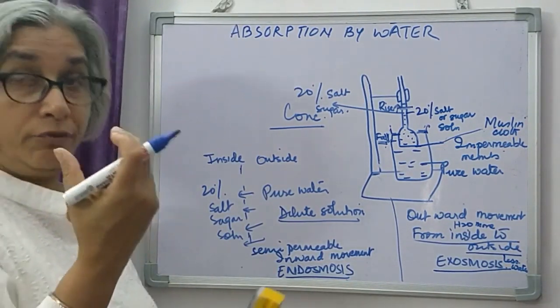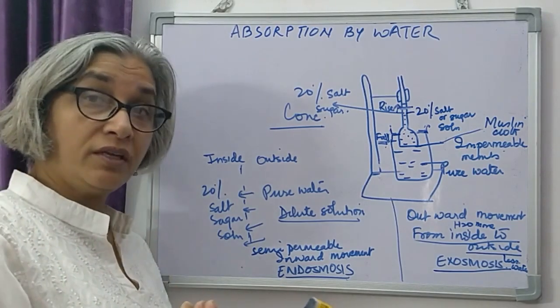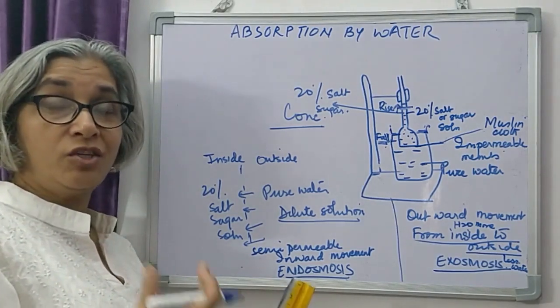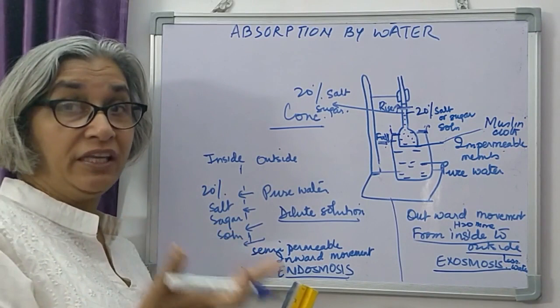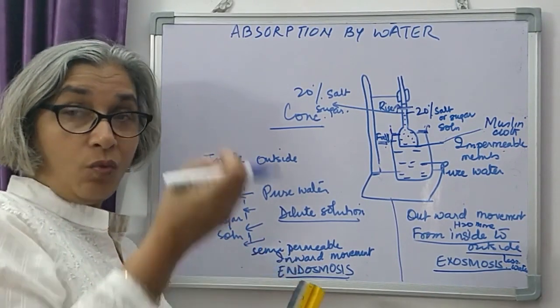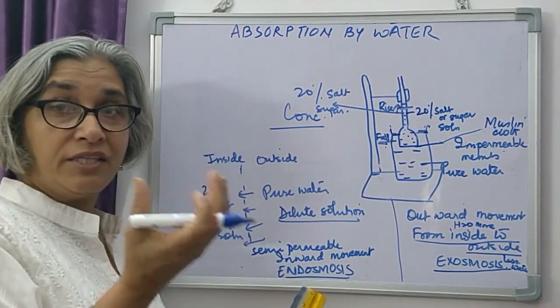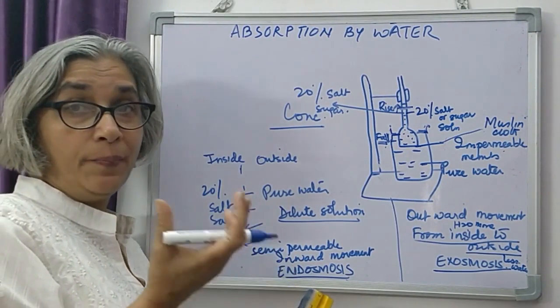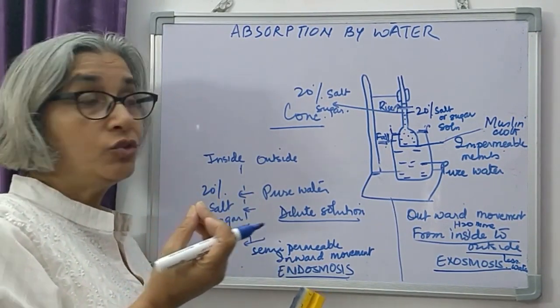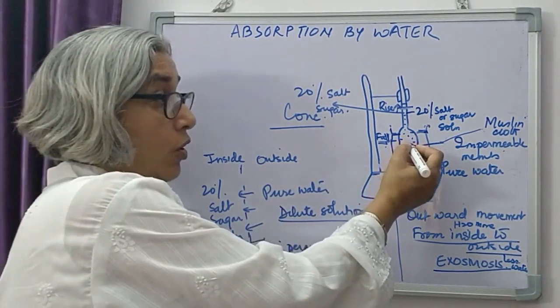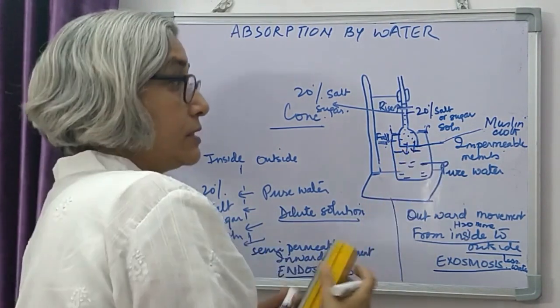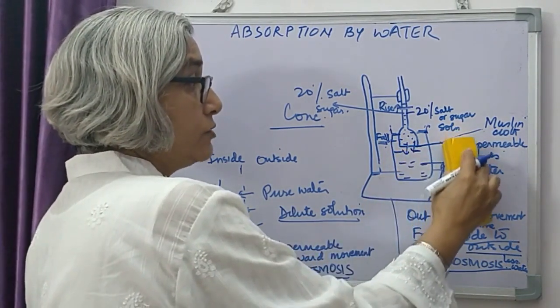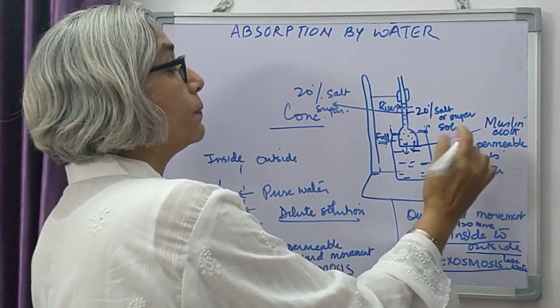If you're observant enough and you have seen mummy working in the kitchen, you must have seen how she sets paneer. The water has to be drained and generally she puts it in a thin cloth. So what happens? This muslin cloth is fully permeable.